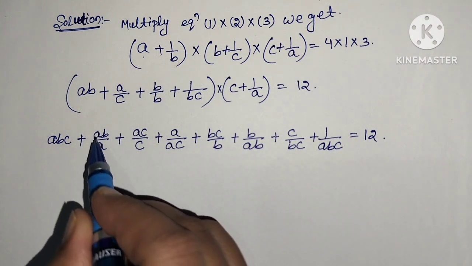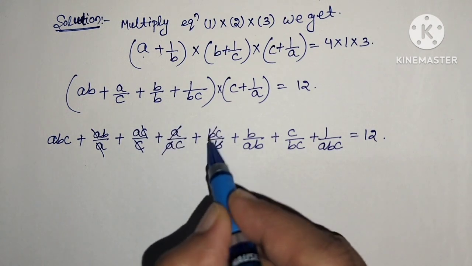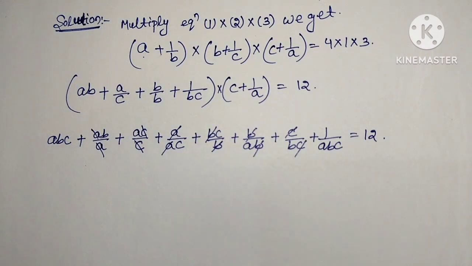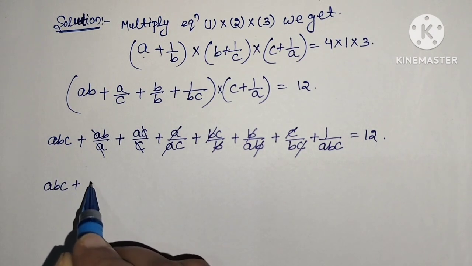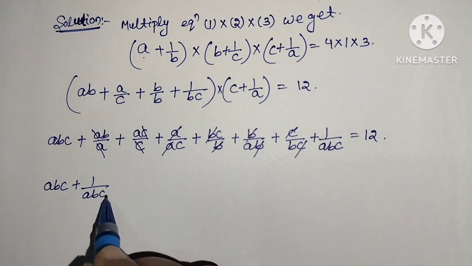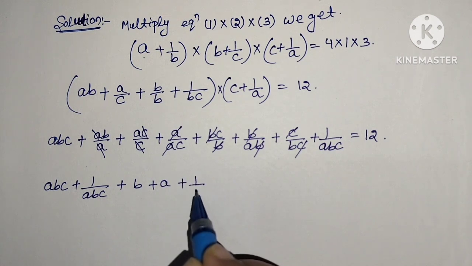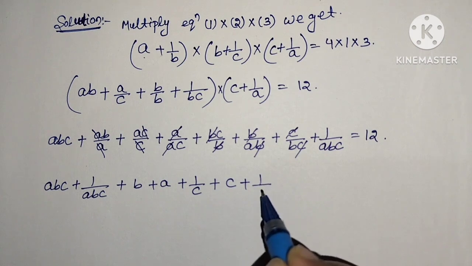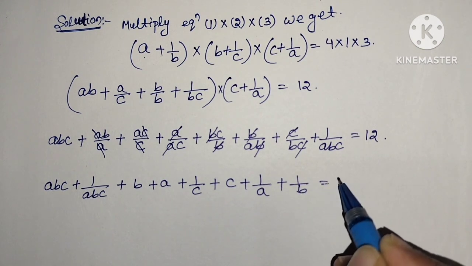Then A, C, A, B, all these cancel from numerator and denominator. Then what is left? ABC plus 1 by ABC plus B plus A plus 1 by C plus C plus 1 by A plus 1 by B is equal to 12.